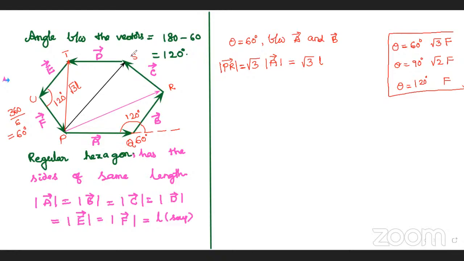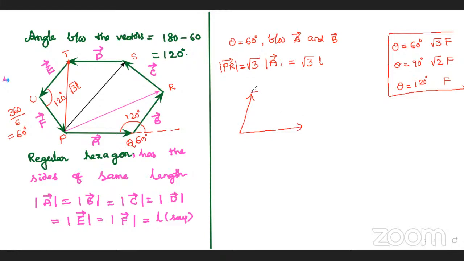What does PS equal? For that, what I am going to do here: this is a line taken which is the magnitude of these two. So here, in a parallelogram, just briefly I am drawing here.